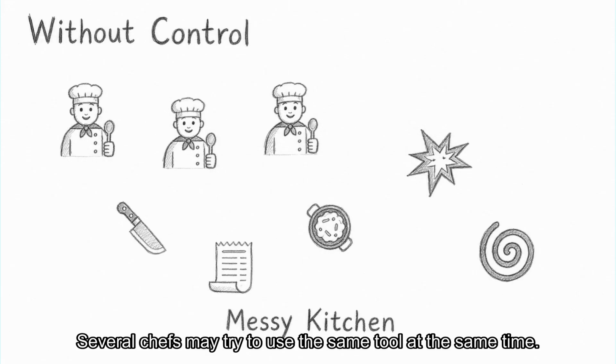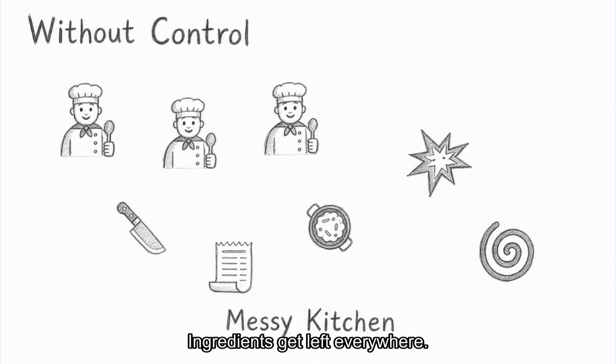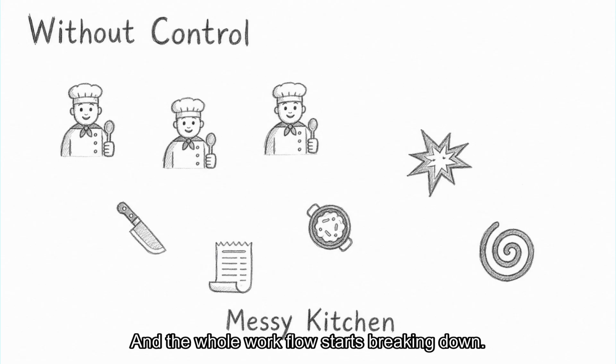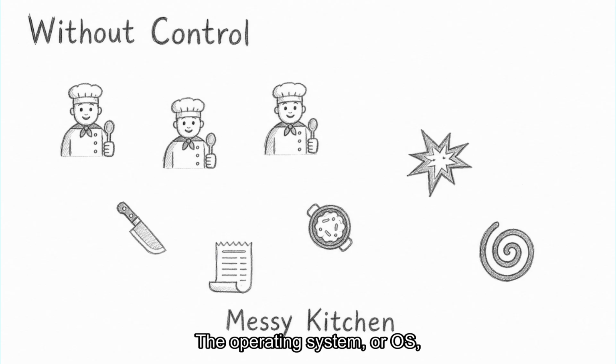Several chefs may try to use the same tool at the same time. Nobody knows which order should be done first. Ingredients get left everywhere. The order of work gets messy, and the whole workflow starts breaking down. That's exactly the reason why an operating system is necessary. The operating system, OS, is like the kitchen manager who keeps the whole place organized.